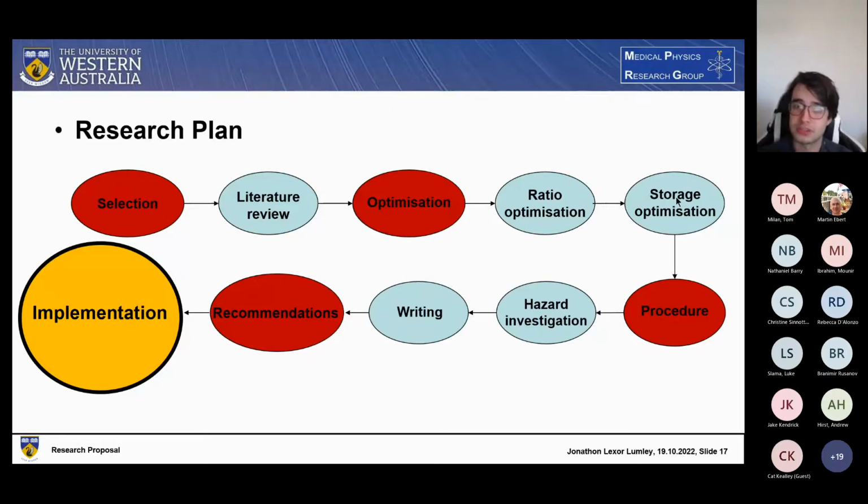From that, we're going to move on to the procedure. So we're going to have to do a hazard investigation of the chemicals used to make sure that we're following proper procedures, and then obviously writing the procedure. After that, we will send our recommendations to the hospital in order to establish a laboratory. And if all goes well, my final plan would be to implement it.